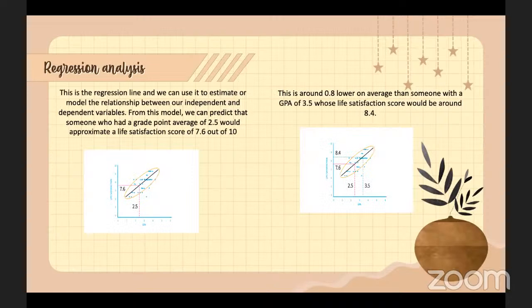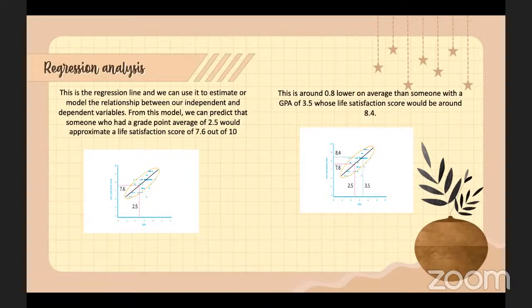And this is the regression line, and we can use it to estimate or model the relationship between our independent and dependent variables. From this model, we can predict that someone who had a grade point average of 2.5 will have an approximate life satisfaction score of 7.6 out of 10.